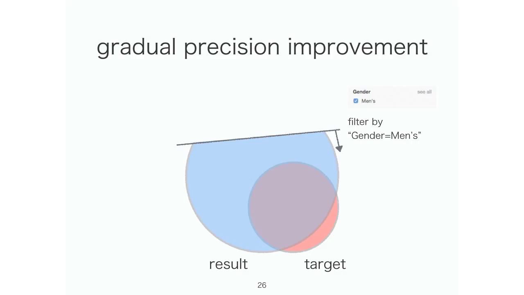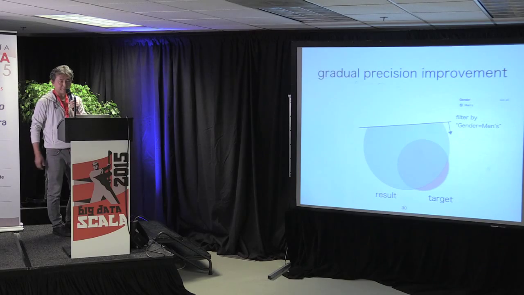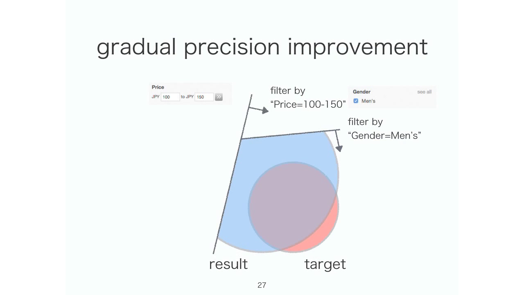That's where the facet and filter query come in. You find facet links on the left of the screen. For example, there is a link to filter by gender, and you would click the men's link. As it narrows down the search result, you get a smaller set. Other filter queries can be added.